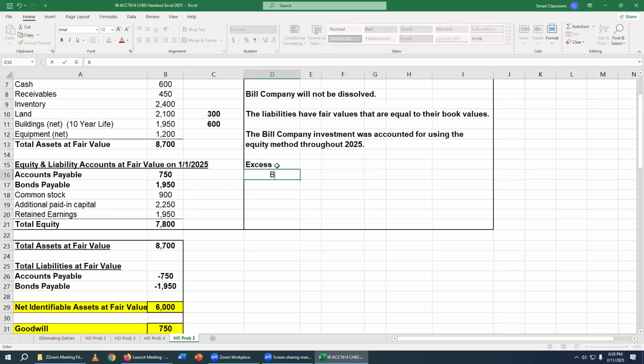So excess building, land isn't gonna get depreciated, obviously. Hundred divided by 10 years.